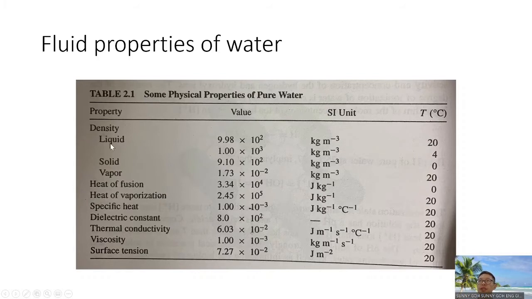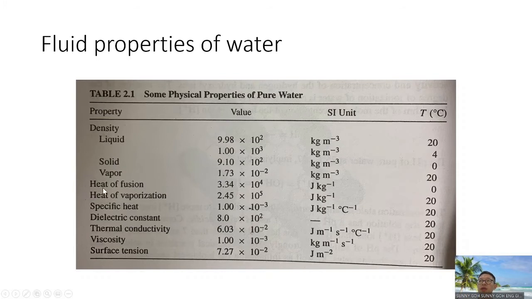For example, the density in the liquid form, you can have around 9.98 multiplied by 10 to the power 2 kilogram over meter cube at 20 degrees Celsius, right? But in a solid state you get a different density, and also in the vapor state you have a different density, and of course at vapor state you get a lower vapor density, right?